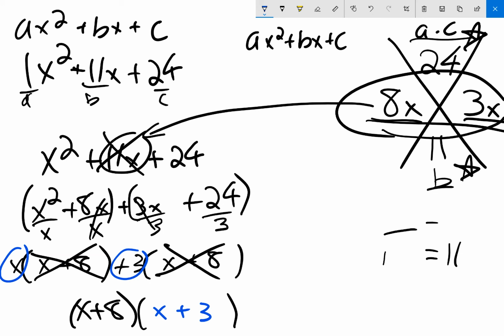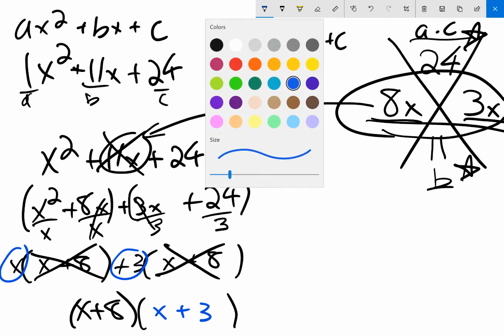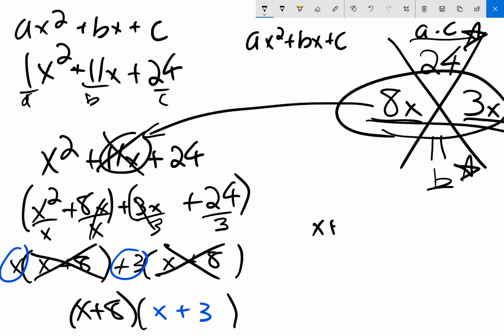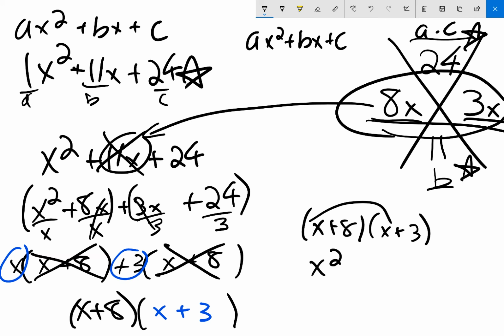Now, what I want to do is explain again what I did on the previous problems. If you FOIL your answer, x plus 8 times x plus 3, back together, you should get the same trinomial we started with. So x times x makes x squared. x times 3 makes 3x. 8 times x makes 8x.